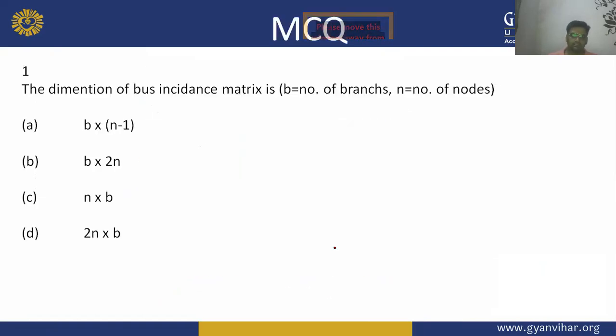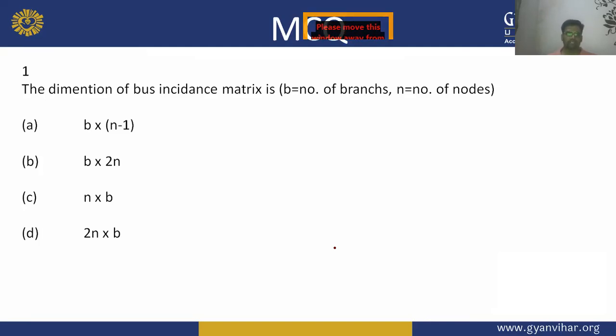Now let's see the MCQs. The question number one says that the dimension of the bus incidence matrix, where B is the number of branches and N is the number of nodes, what will be the dimension of a bus incidence matrix?